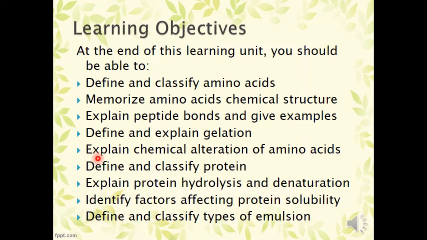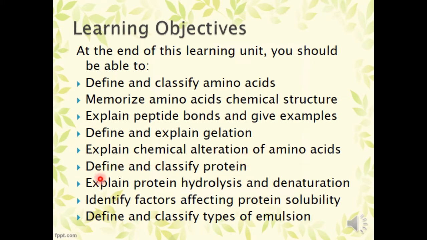Next is explaining chemical alteration of amino acids and what are the changes due to the chemical alteration of amino acids. The sixth learning objective is to define and classify protein. So how many classes of protein are there?